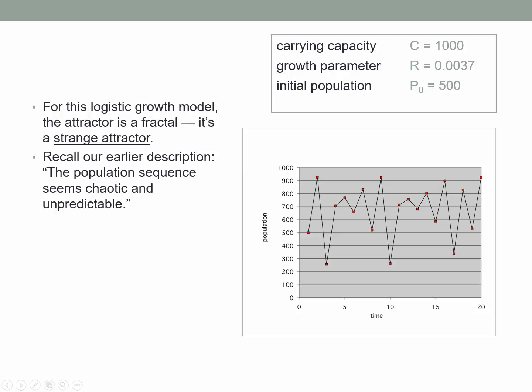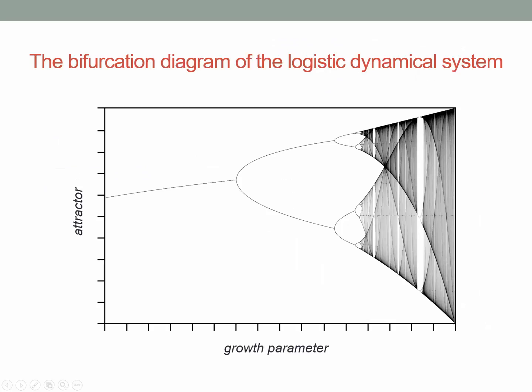Now, one can understand this even further. I'm going to delve even deeper into this particular example by showing you what happens by trying lots of values for the growth parameter r and recording what you seem to see as the attractor. And here it is. Okay, so this is a very impressive diagram, I think.